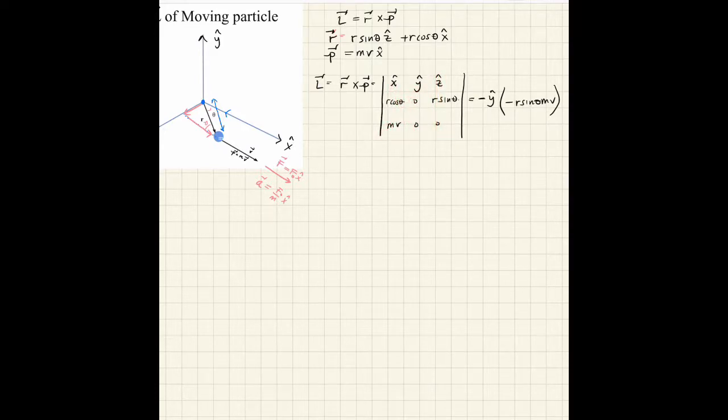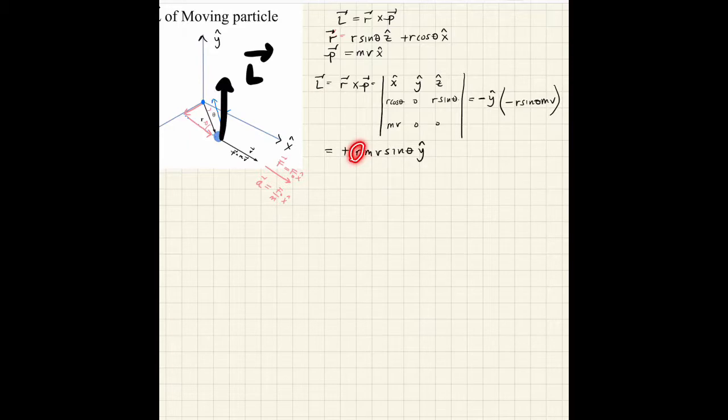So taking the cross product, you should find that this equals positive r mv sine theta in the y hat direction. So the resultant vector, the actual angular momentum vector associated with this particle, points in the positive y hat direction, perpendicular to r and mv.